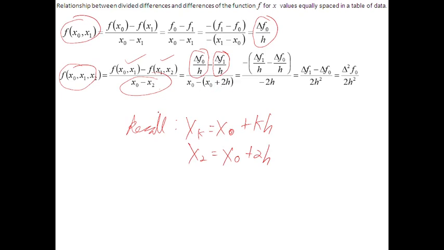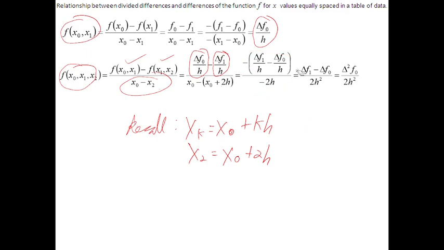Okay, and then we simplify. It's just negative 2h. We factor out the negative sign. It becomes delta f1 over h minus delta f2 over h. And then, using algebra to simplify this complex fraction, it becomes like this.